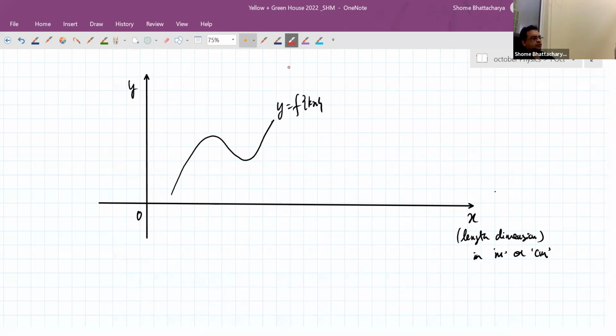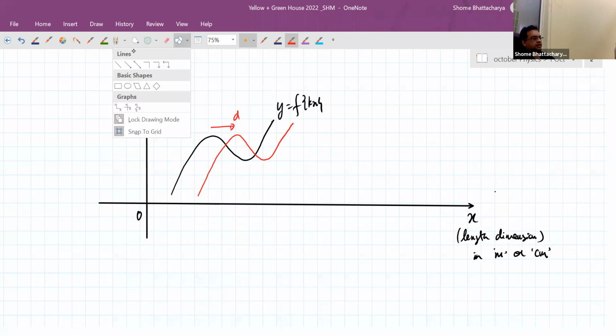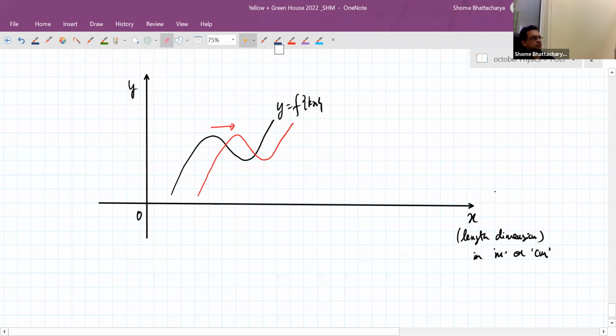Okay. And then if we want to transform it such that it's transformed by a distance d, or let's say if we transform it by a distance which is specifically delta x. Okay.